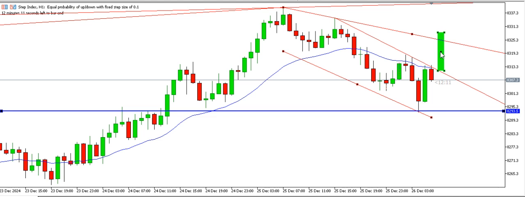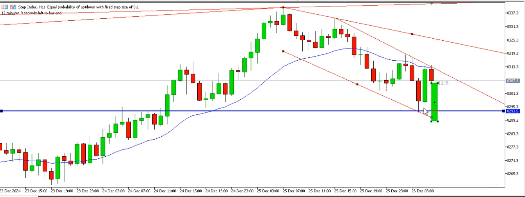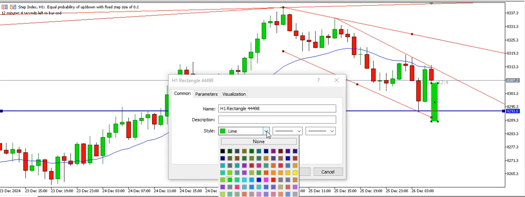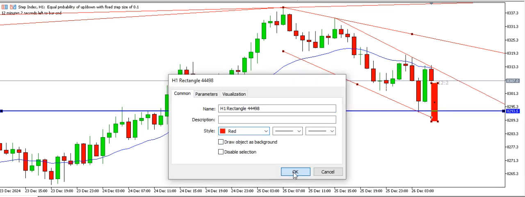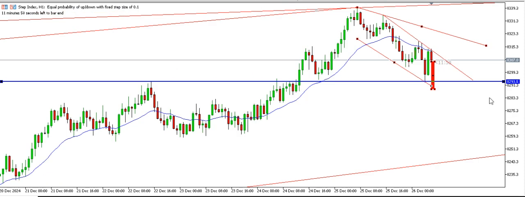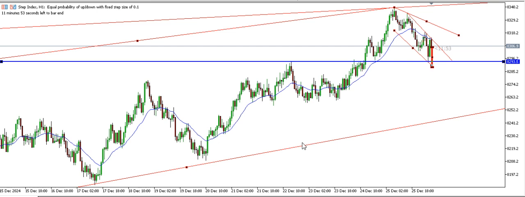But if price turns south and breaks below this line, we see a red candle, and price breaks below this line, then price is going to drop. And if it's going to drop, we have this particular trend line. You can see this trend line here.